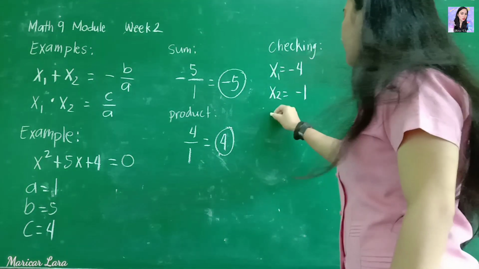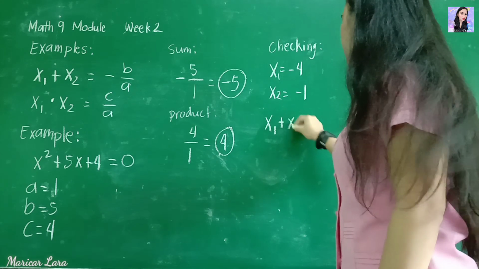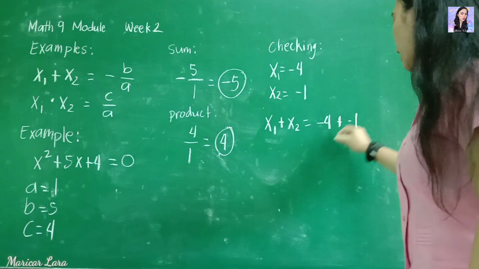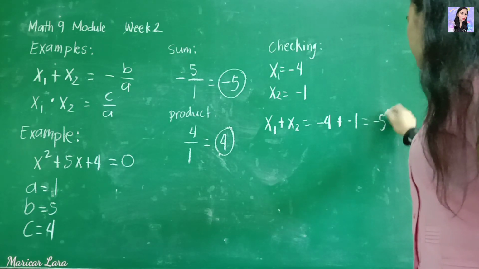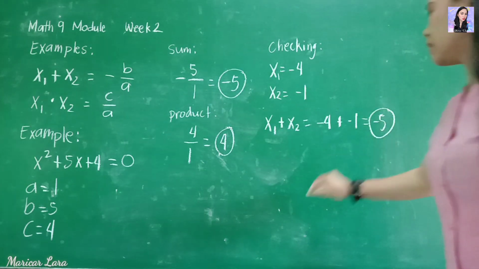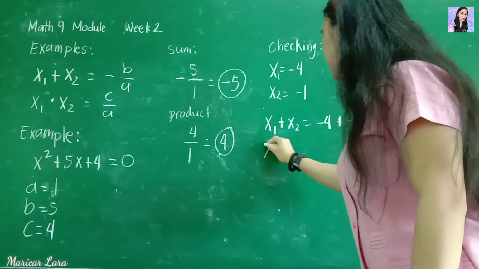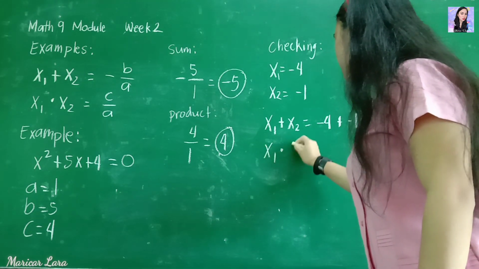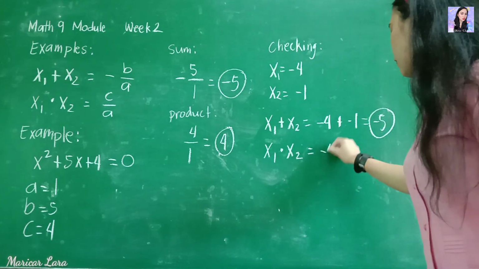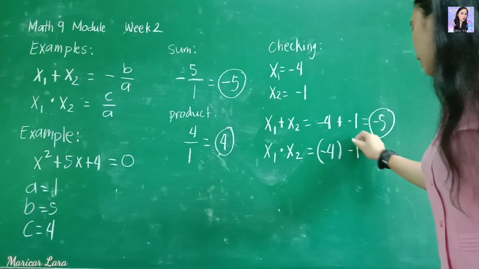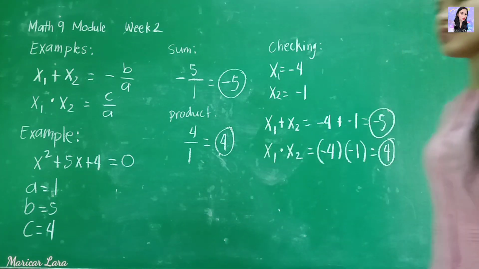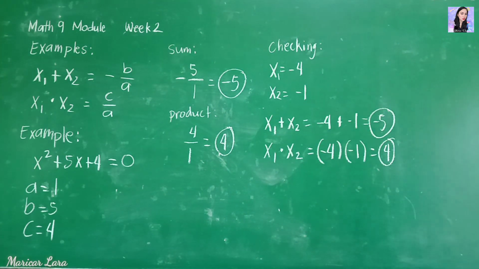So, kung i-add natin siya, we will have negative 4 plus negative 1 equals negative 5. Tama, magkaparehas sila. Multiplication naman, we will have negative 4 times negative 1 equals positive 4. Parehas. Tama din siya. Okay?